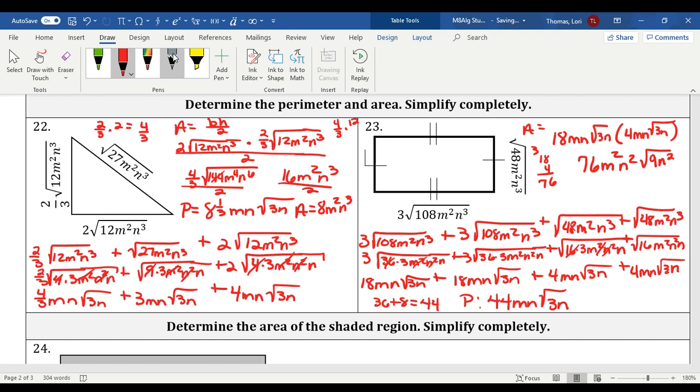So now we have the square root of 9, which is 3. So we're going to have 76 times 3, so area is going to be 228. And then I take the square root of n squared, which is n. So I'll have the m squared and then now n to the third.